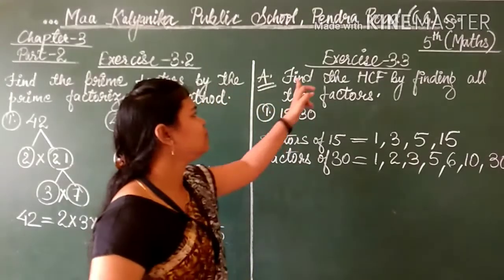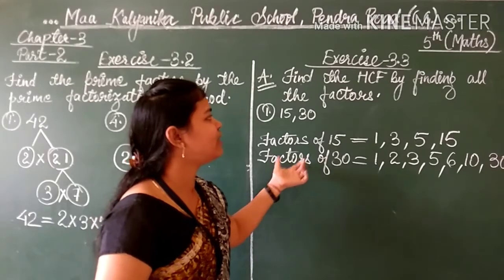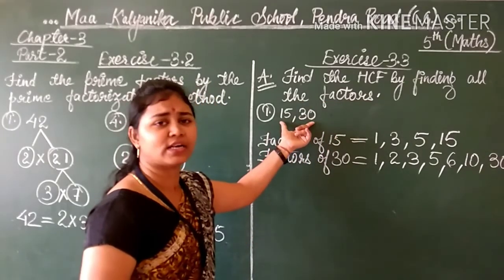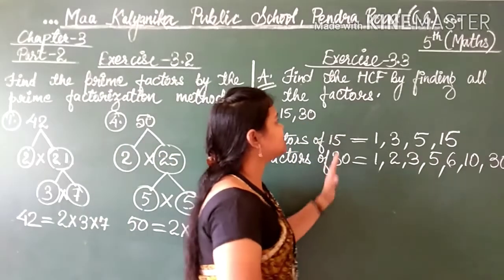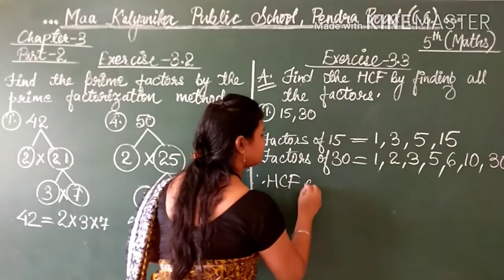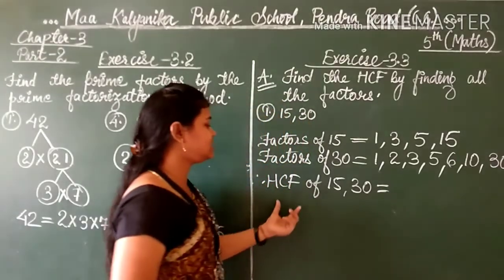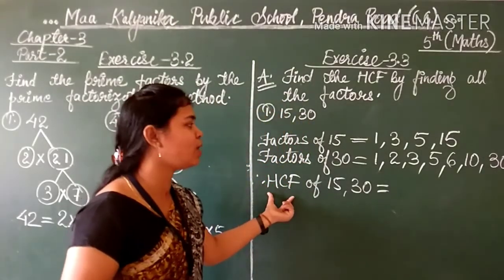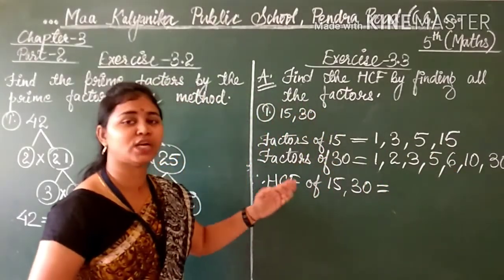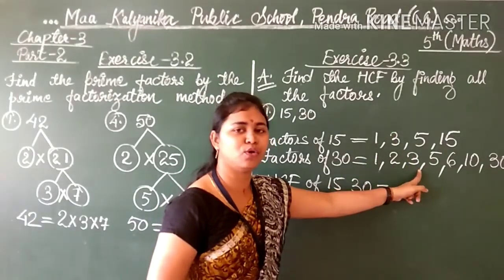So see students, find the HCF. Now what is HCF? We have found all the factors of 15 and 30. Now which is the HCF? Therefore HCF of 15 and 30. HCF means highest common factor. So among these numbers, which are the numbers common to both? 1, yes. 3 is there in both, yes.